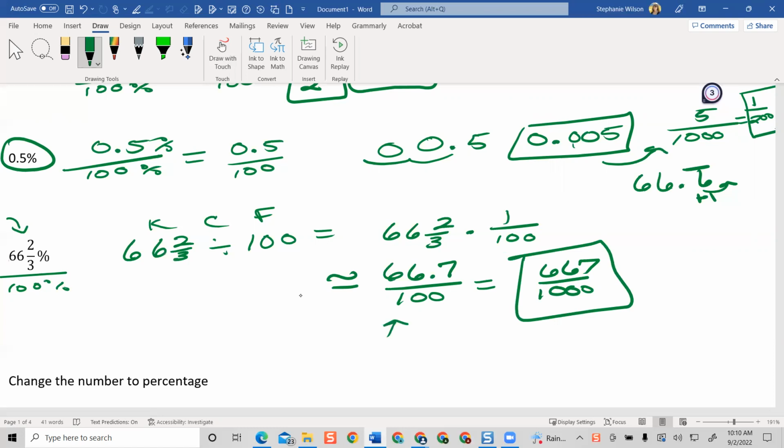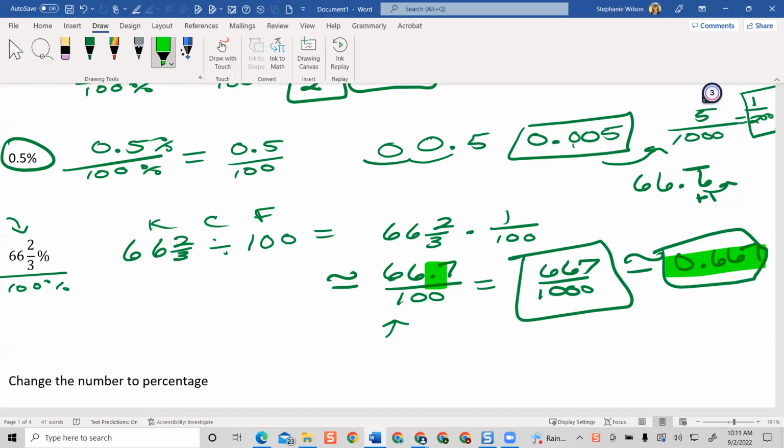To get my decimal form here, I know that I'm dividing by that 100, so that means I'm moving this decimal here 2 places to the left. So I end up with 0.0667. So it would be easier to find your fraction based upon this decimal. Okay.